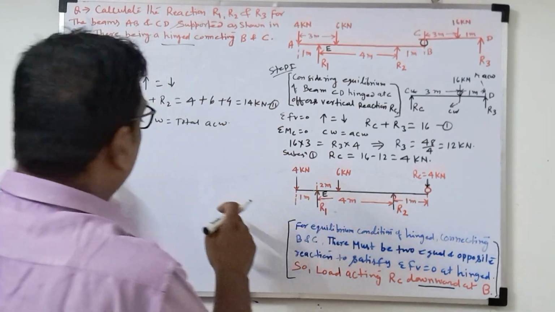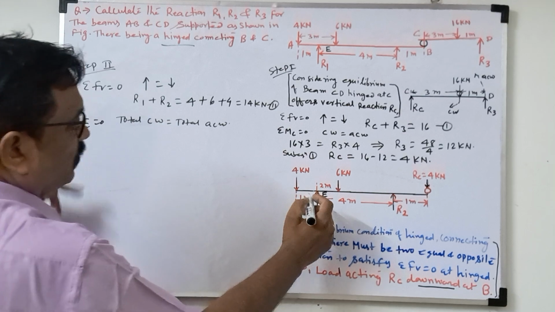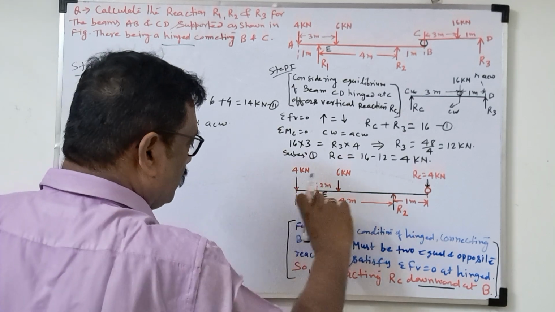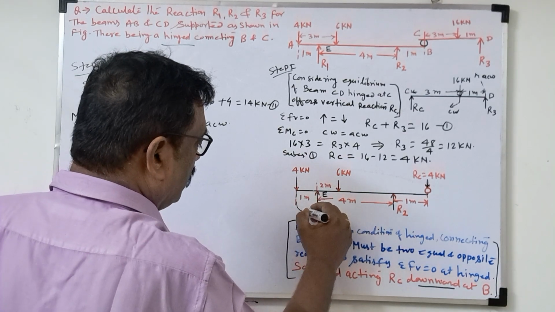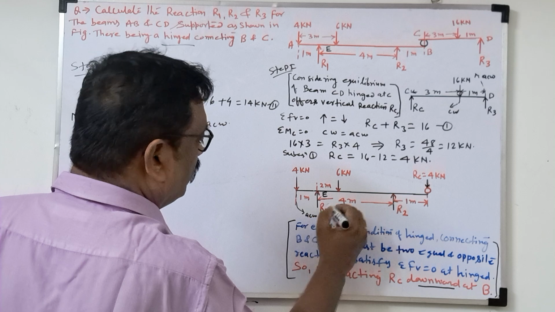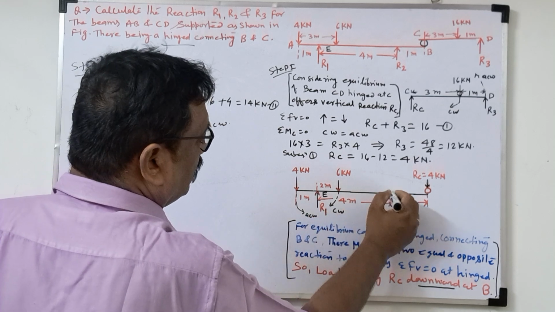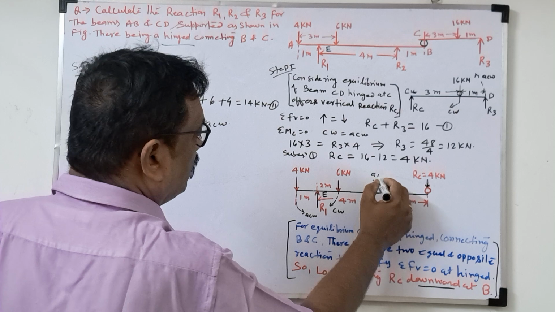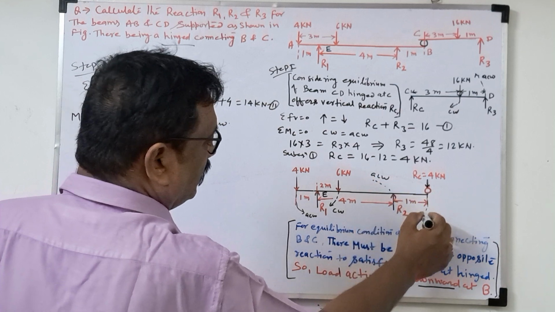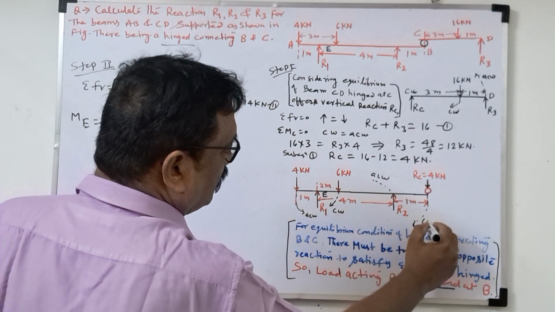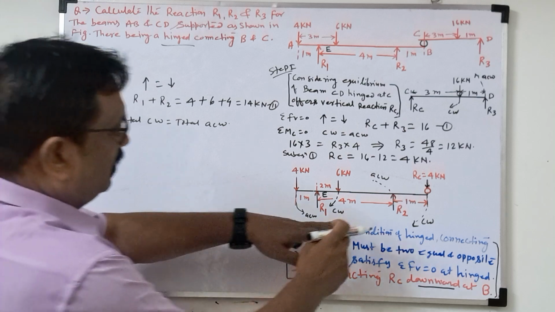Now we'll see the rotations. If this rotates, this is coming anti-clockwise. This is rotating clockwise. This is rotating anti-clockwise. And this is rotating clockwise. So which ones are clockwise? This and this.